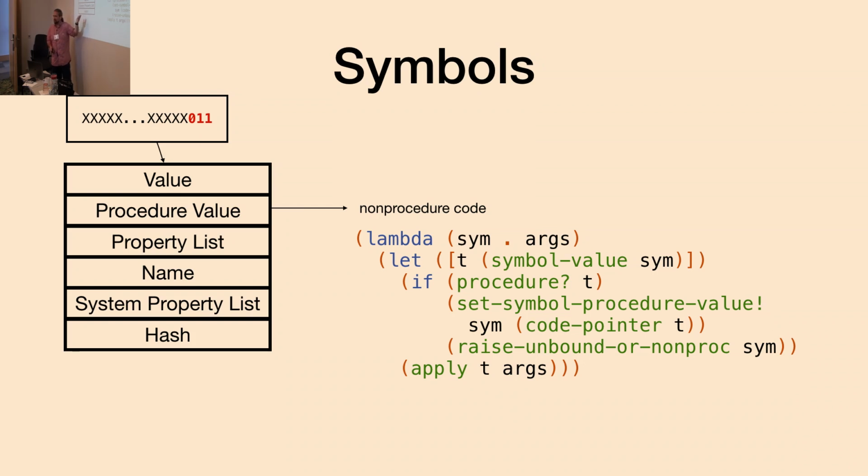We want setting the value to be relatively fast, and the thinking there is that, well, you're probably not going to set the value more than you call the value. And if you set the value more than you call the value, then we don't want to pay for having to set the procedure value if you didn't even bother calling it in between. So there's a little bit of guessing as to how your program is going to work out. But that's sort of the idea behind this.